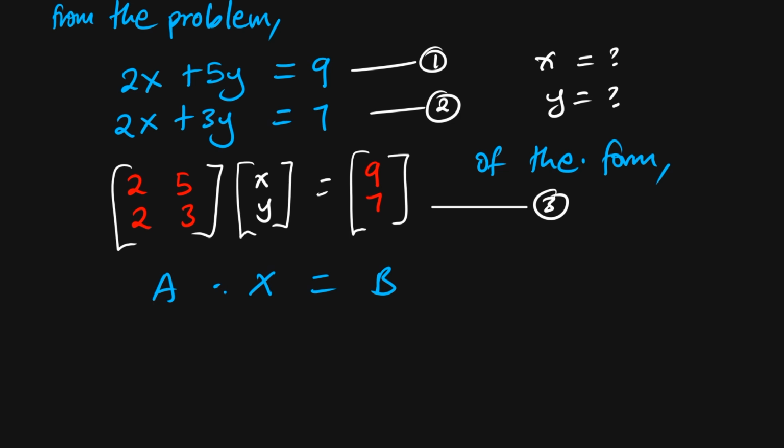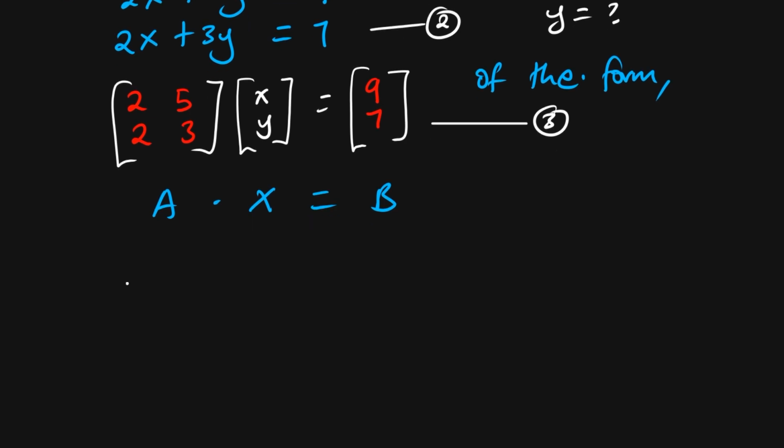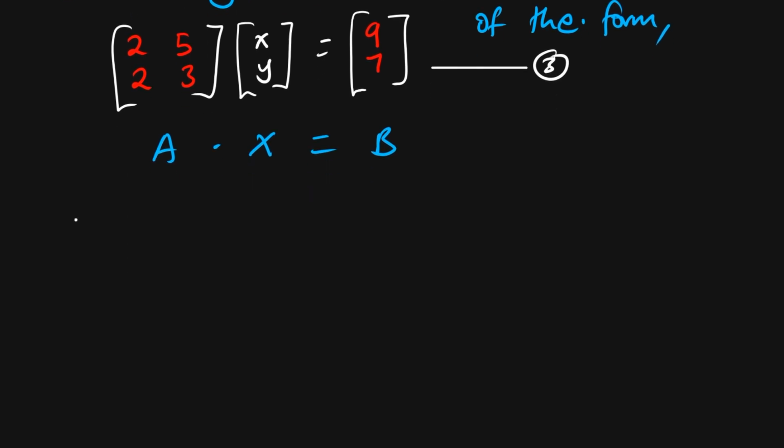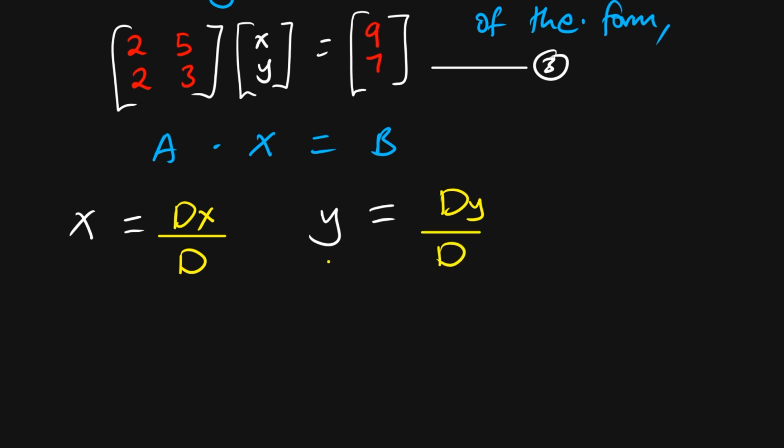But from Cramer's rule, the required x equals determinant x divided by determinant D, and y equals determinant y divided by determinant D.